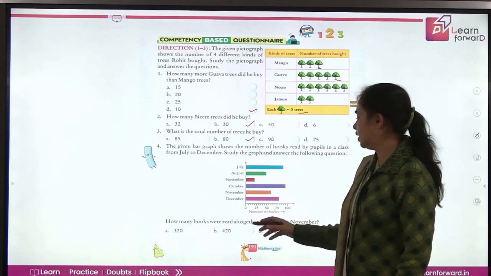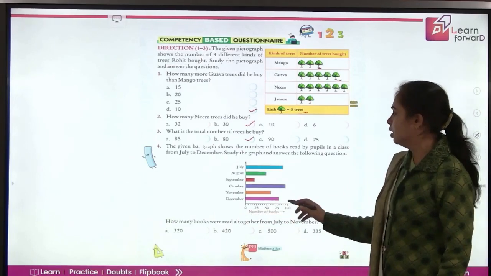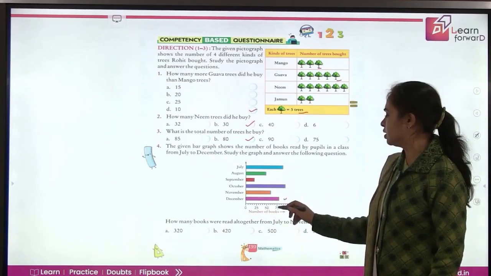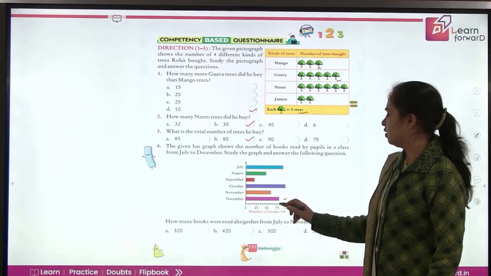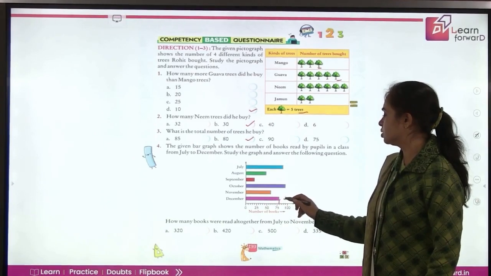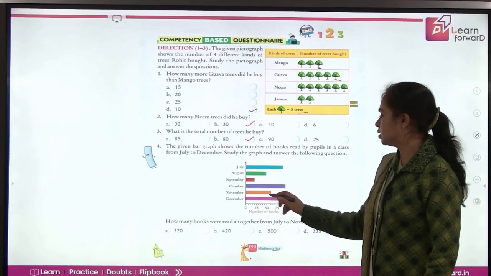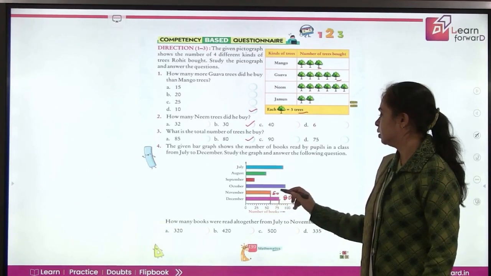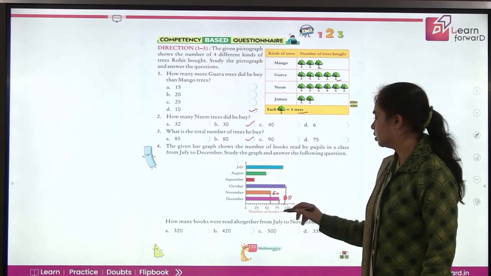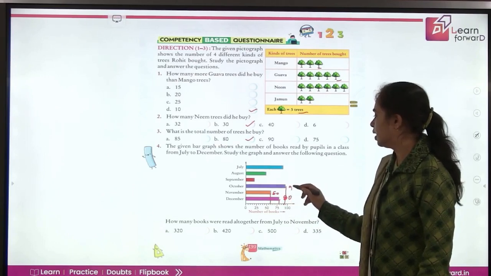How many books were read altogether from July to November? So we'll quickly first find out what is the number here. From 75, it is moving to the next point. So this is 80. What is this point? This is 60. What is this point? This is 90.